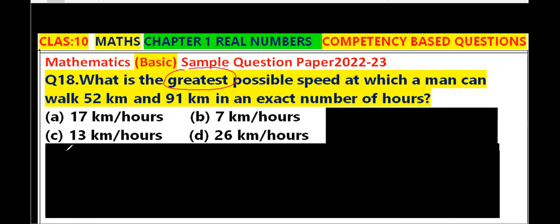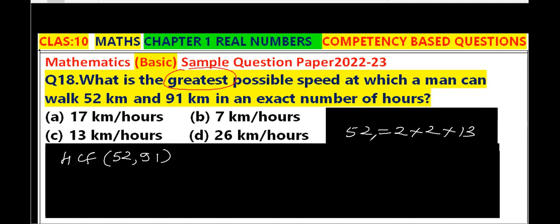So HCF of 52 and 91. 52 can be written as 2 into 2 into 13 and 91 can be written as 7 into 13. So what is the common factor here? Common factor, highest common factor is 13. So HCF of the two numbers is 13.